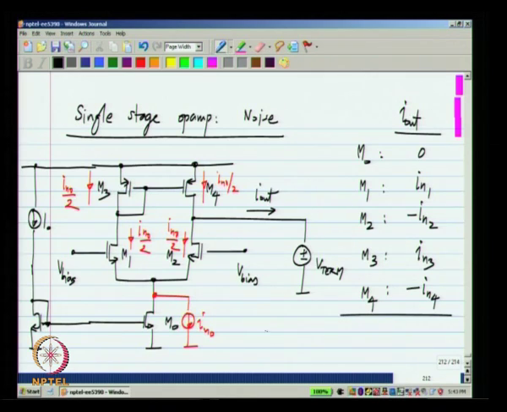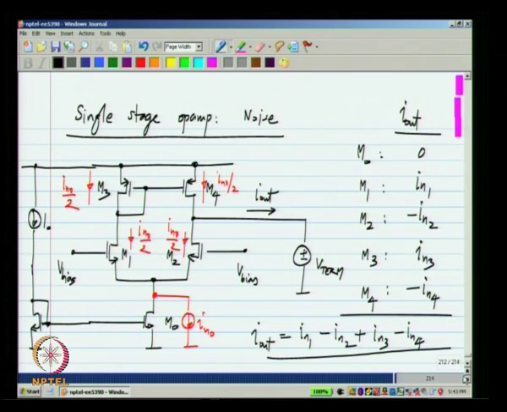So, the output current will be the sum of noise of all these devices, and the tail device does not contribute anything. It will contribute equal currents to the two halves and they get cancelled out.